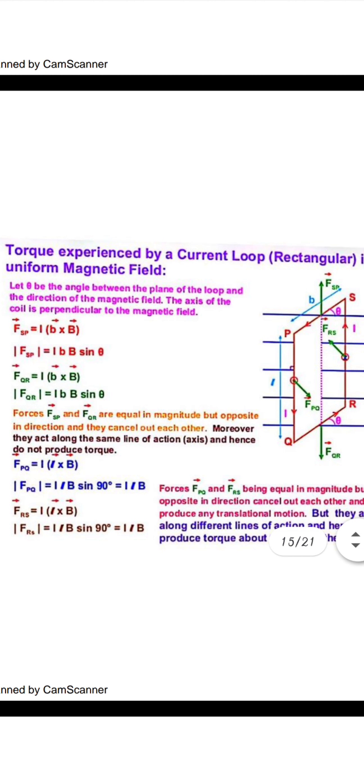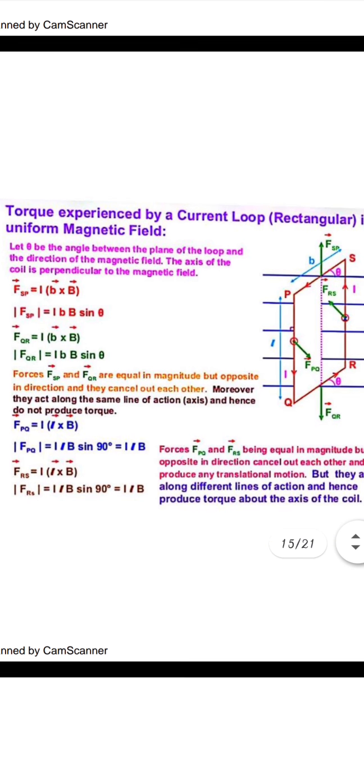So this current carrying rectangular loop is kept in the uniform magnetic field. What will the magnetic field do? It will try to rotate this rectangular loop. To rotate any object, two opposite direction forces should act on it. These two opposite forces acting on an object are taken as the torque, a couple of forces, which is given as tau.